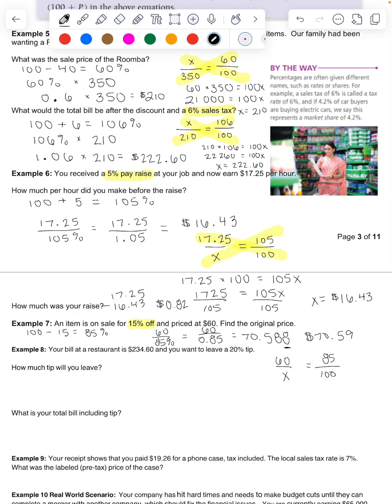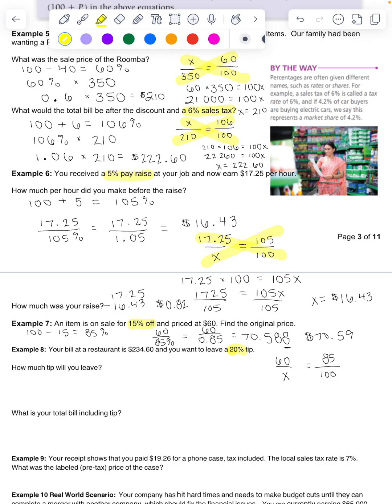I'm going to go ahead and let you work that one out if that's the way you want to approach it. But I just want to show you again that you can do the proportions for all of them. So if your bill at a restaurant is $234.60, I hope you had a really phenomenal dinner, and you want to leave a 20% tip.